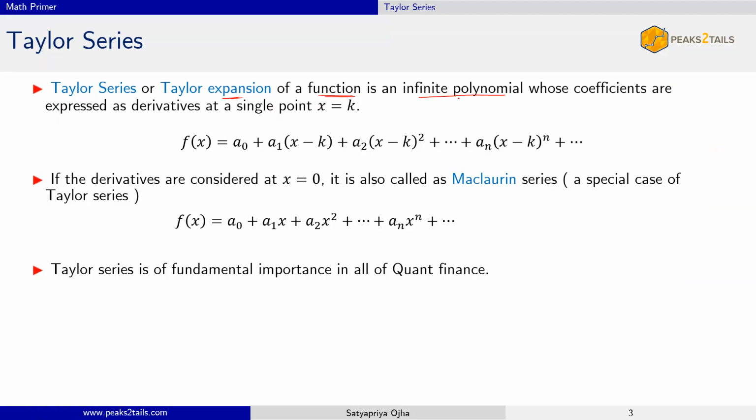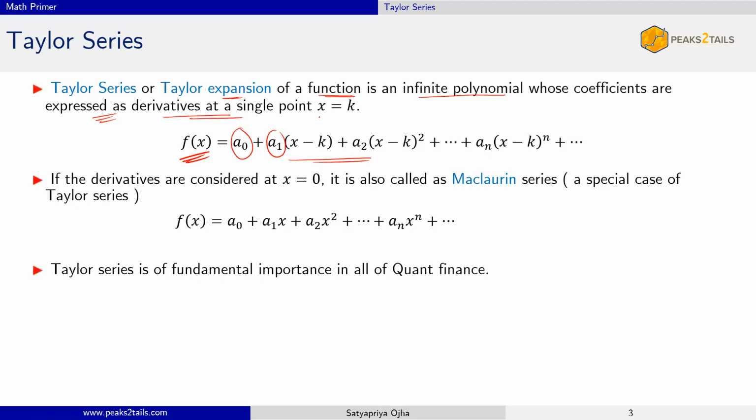So you're given any kind of function f of x, it can be expressed as an infinite polynomial where the coefficients of the polynomial are related to the derivatives of that function at a given point. Let me repeat: the Taylor series expansion of a function is an infinite polynomial representation where the coefficients of the polynomial are linked to the derivatives of that function at a given point.